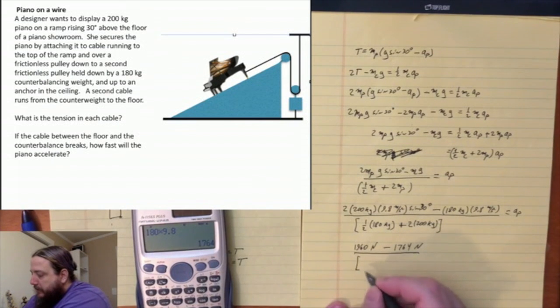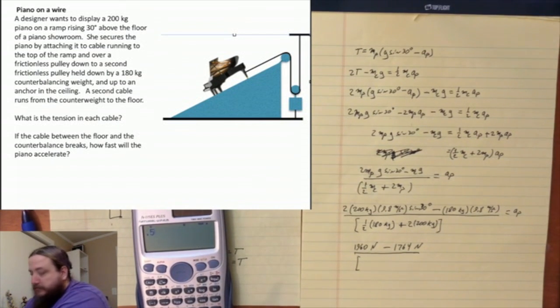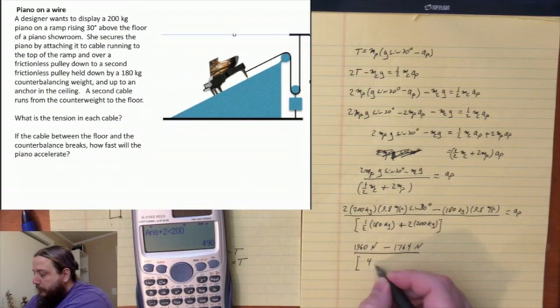All right. On the bottom, we have 1/2 times 180 kilograms plus 2 times 200, which is 400. So this is 490 kilograms.